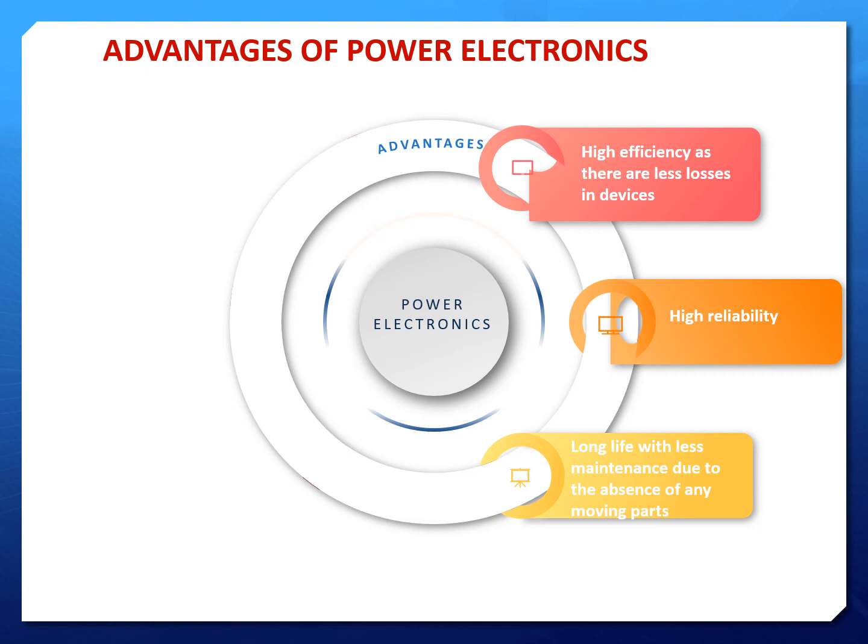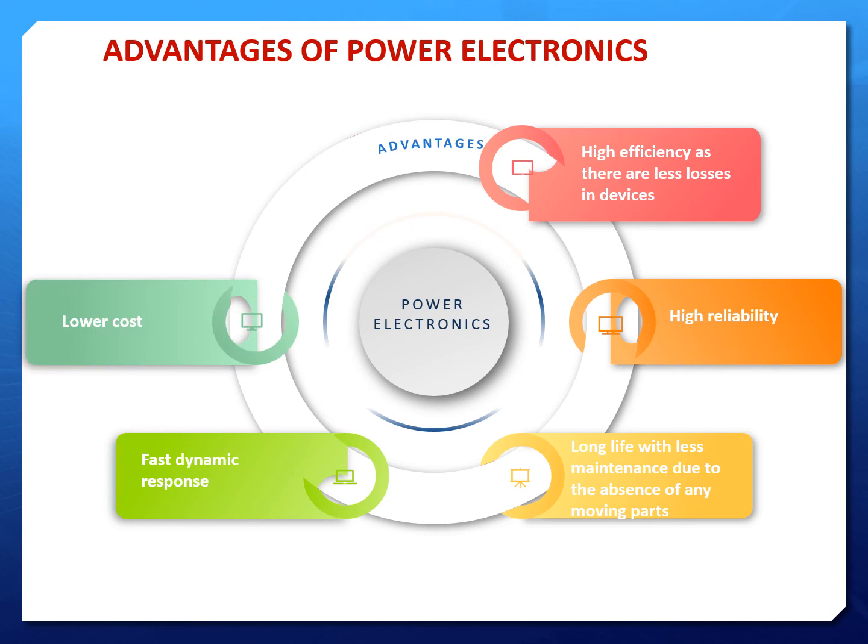Fast dynamic response is also an advantage. And low cost, because all semiconductor devices are manufactured in bulk, so they are very cheap. Then flexibility in operation. So these are the main advantages of power electronics.